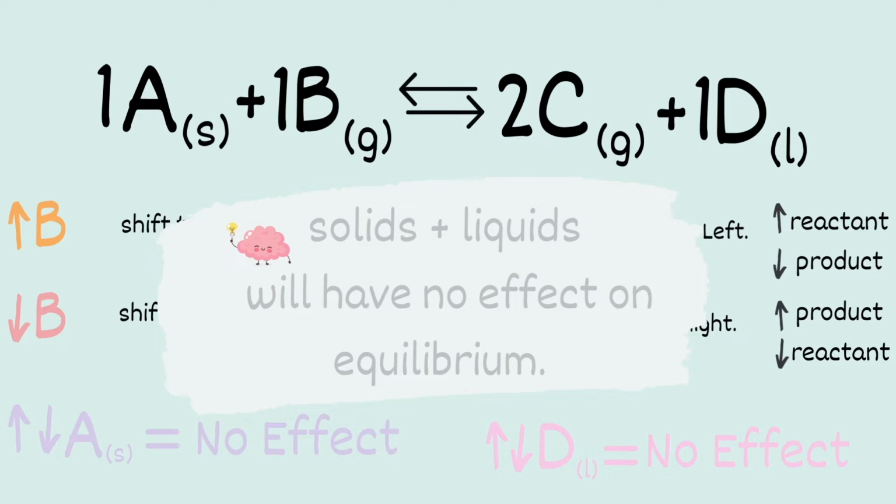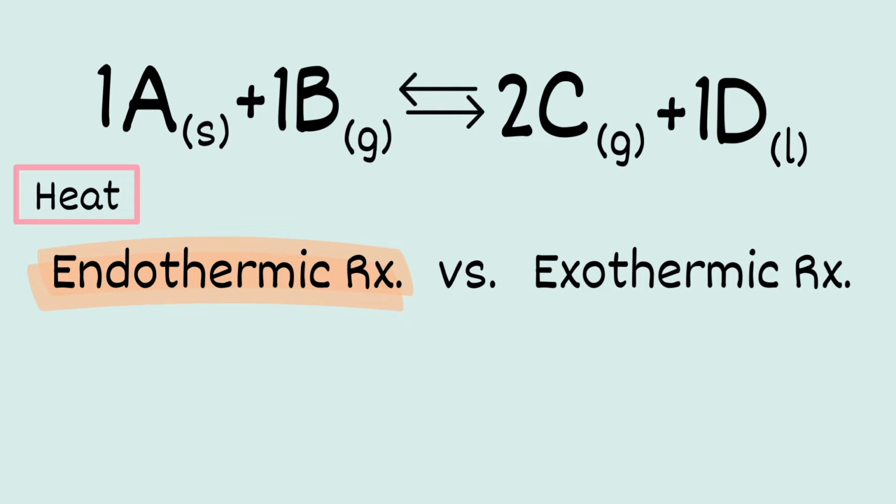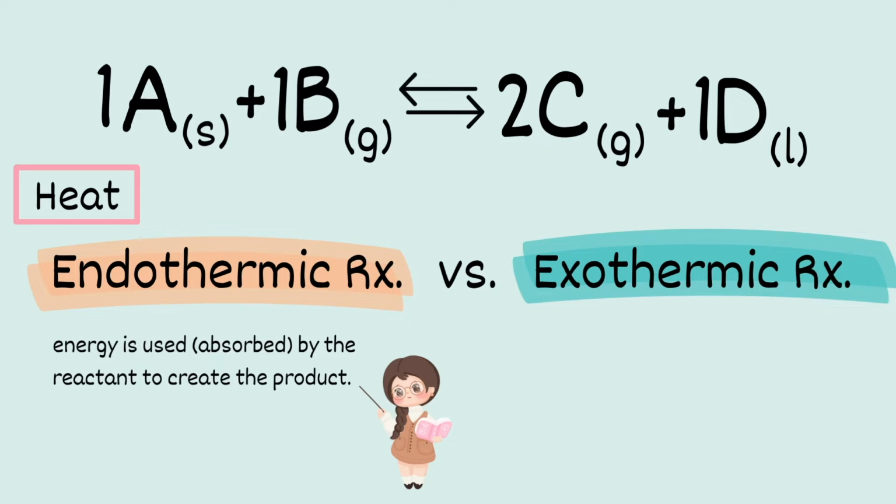We know now how concentration has an effect on equilibrium. Let's see how heat affects equilibrium. Before evaluating the equilibrium shifts, we must first understand the difference between endothermic and exothermic reactions. In an endothermic reaction, energy is used or absorbed by the reactant in order to make the product.